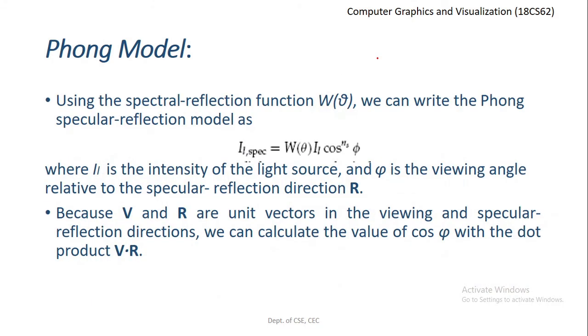Now, using the specular reflection function W of theta, we can write the Phong specular reflection model as follows: the intensity of specular reflection is equal to W of theta times the intensity of the point light source IL times cos phi raised to the power of ns.